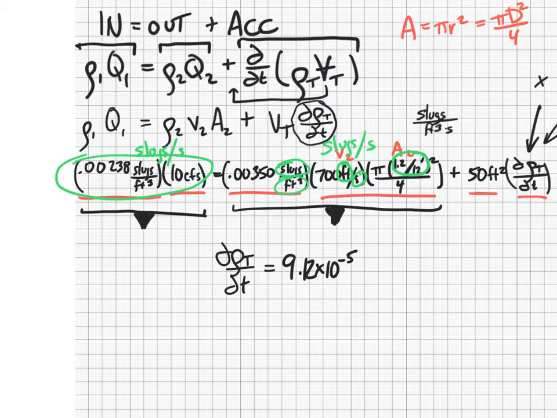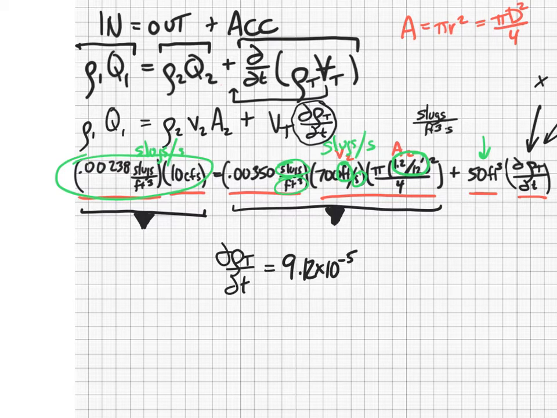Okay, so again, I didn't intentionally do this error. But notice this should be the volume of the tank. So if we go down here, this should be a foot cubed. It turns out that, at least in this case, I didn't make a mathematical error. It didn't matter.